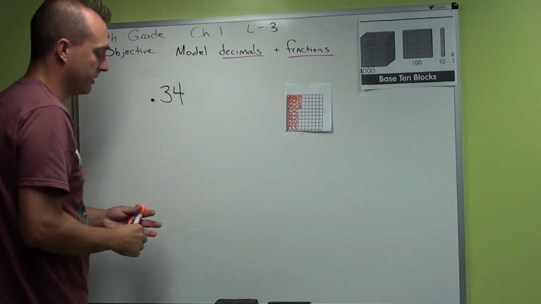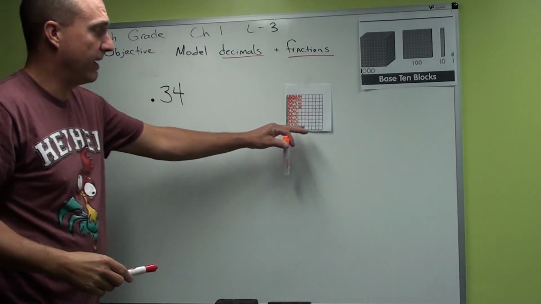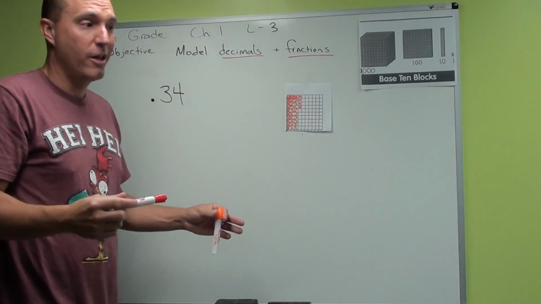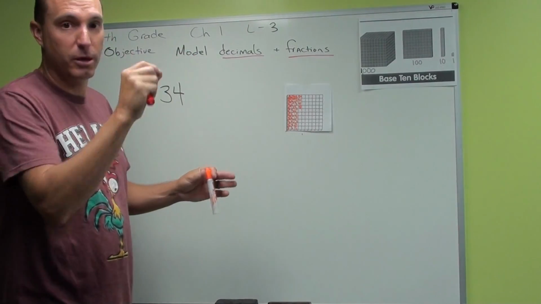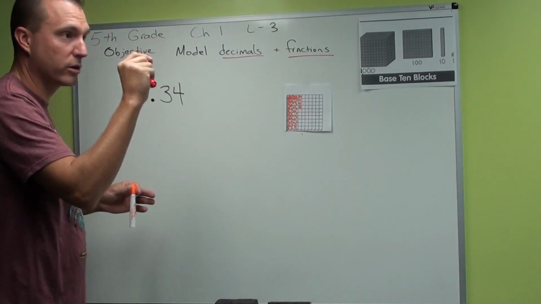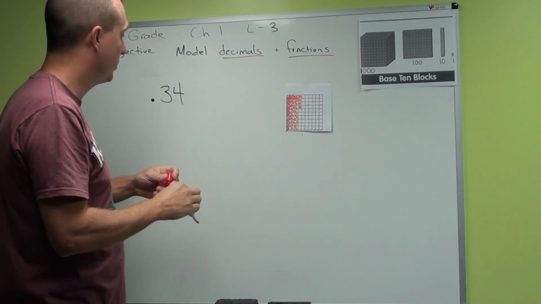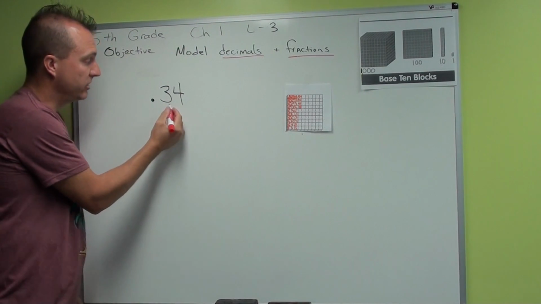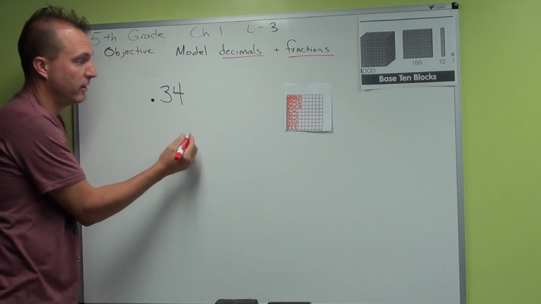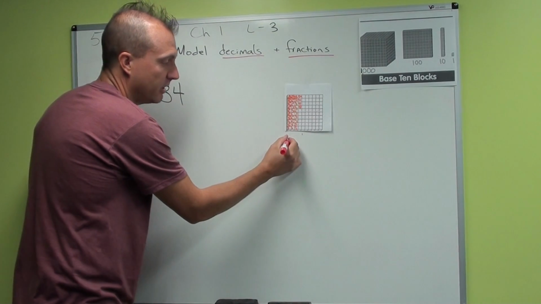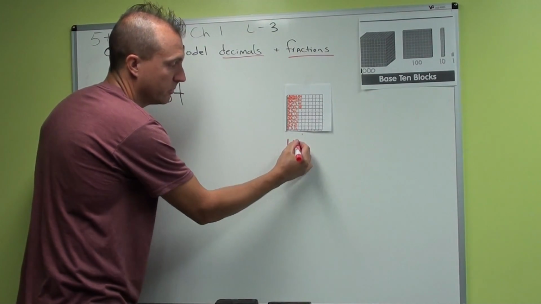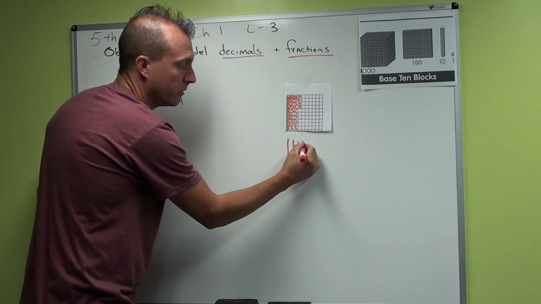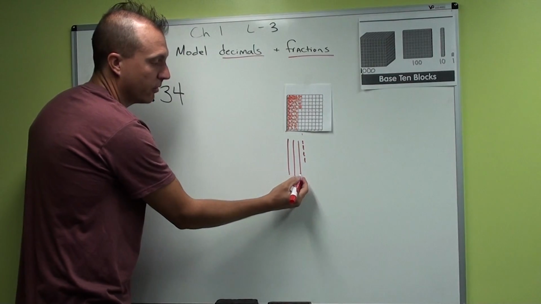Oh, let me show you this real fast. You're not going to have a paper for every single one of these when you have to model, when we have to represent. If we're online and we're doing this on a screen, you might be able to just shade it in with that paint button or color it in with a pencil on the computer. But if we're in class, this is how we do it. And I just take this number, that would be your 30, and we do this same thing, but instead, we just do a stick. 2, 3. That's 30. And then we do 4. 1, 2, 3, 4. 34.